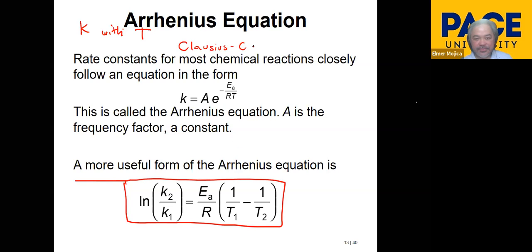Clue. The one that can explain why the hurricanes have more flood lately than before, because of the change of the temperature. So how does this Arrhenius equation differ from the Clausius-Clapeyron equation?